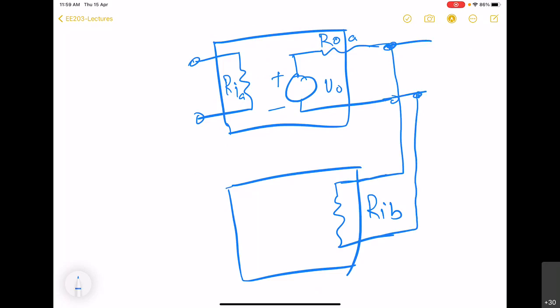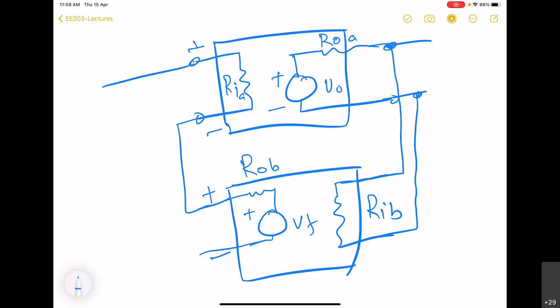Now it will be finite. And on the output side, we had earlier only voltage source VF, but now we will have a voltage source with certain impedance, say ROB, that of the feedback network. And this will be, of course, connected in series like this.